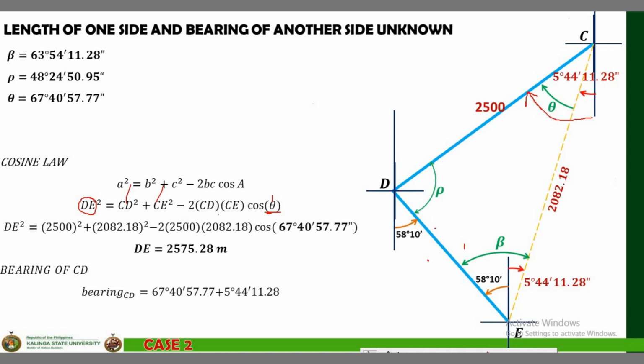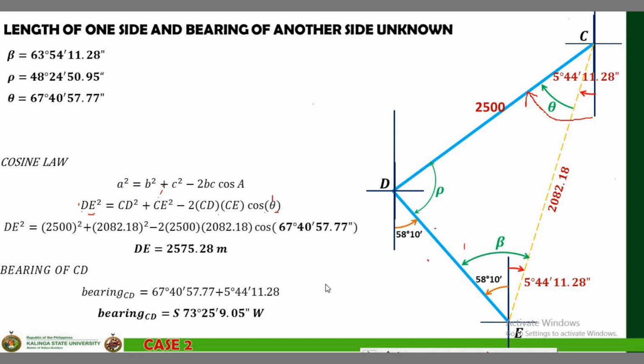That is simply equal to 67, or yung theta, i-add ko lang yung 5 degrees, 44 minutes, 11.28 seconds. So, yung bearing ngayon ni CD is equal to south of 73 degrees, 25 minutes, 9.05 seconds west. So, these are my answers for this problem. Yung length ni DE at saka yung bearing ni CD.